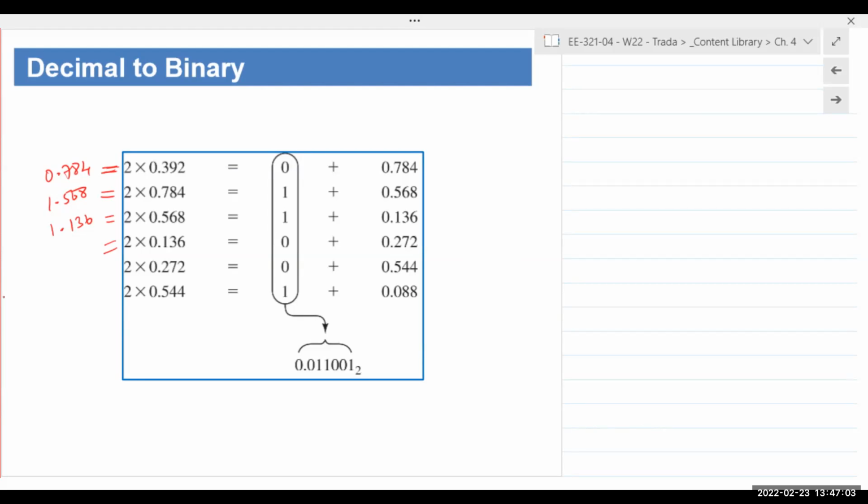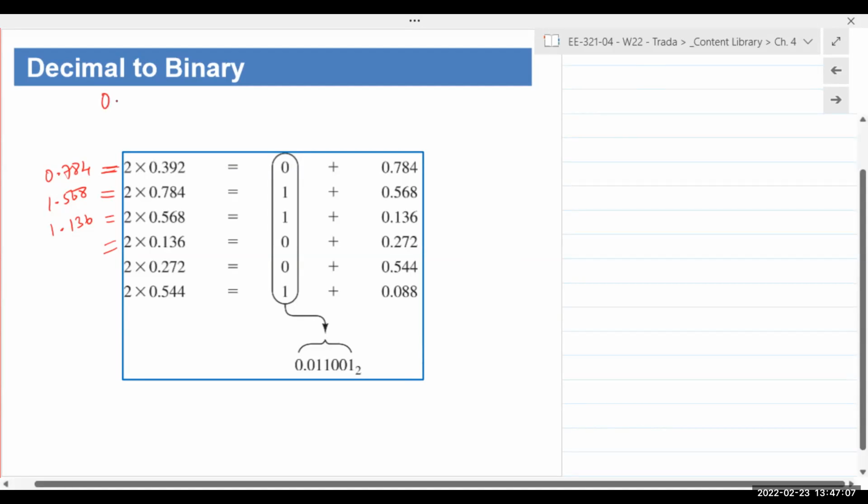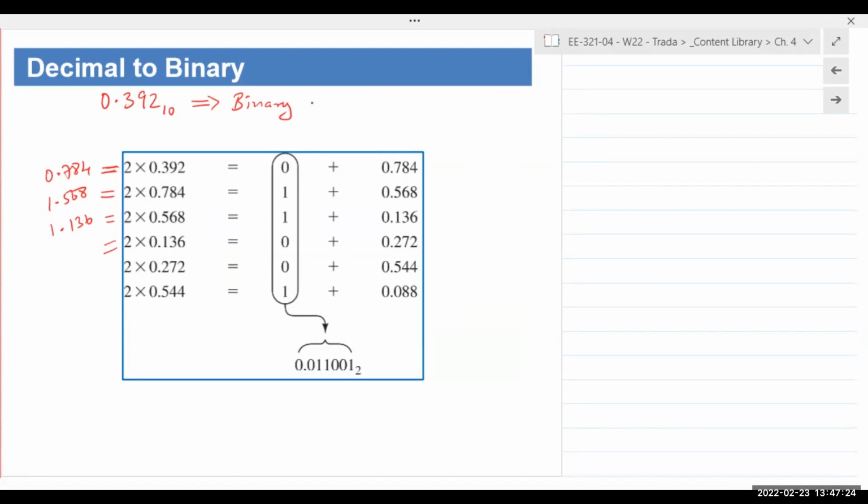So let me explain at the top. We are trying to convert 0.392 in decimal to binary. 0.392 is a decimal number, and we're trying to convert it into binary. So the fraction, which is 0.392, that's what we're going to try and convert to binary.